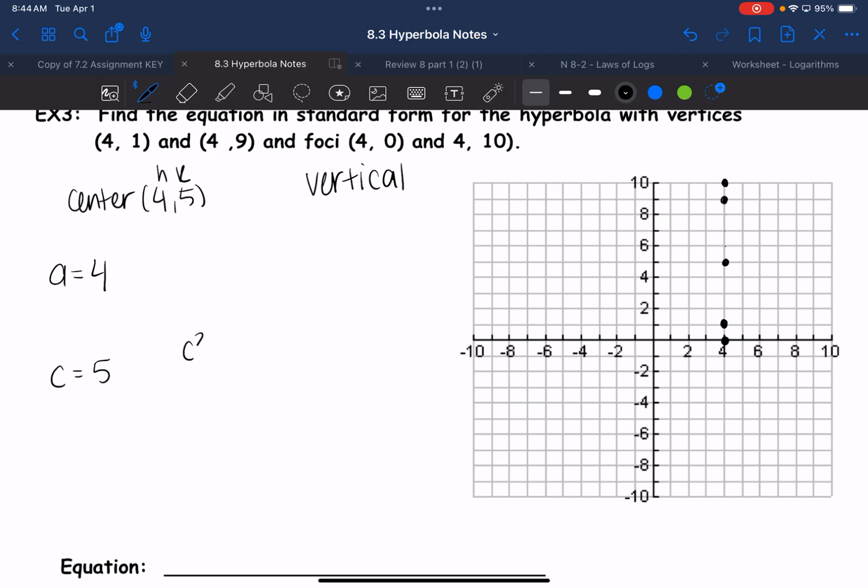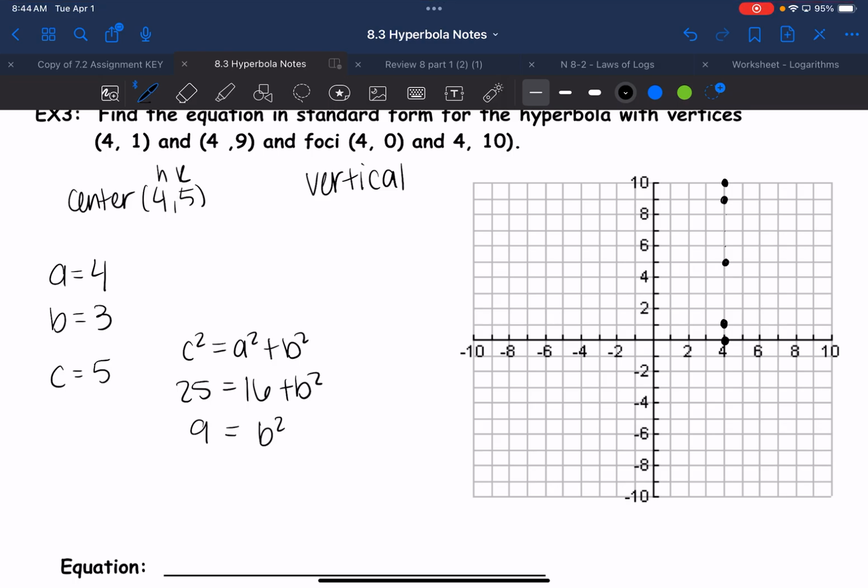Remember, c squared now equals a squared plus b squared, where we now know c squared to be 25, a squared to be 16. So what would our b squared be? Yes, b squared would be 9 when we subtract. So b would have to be 3.